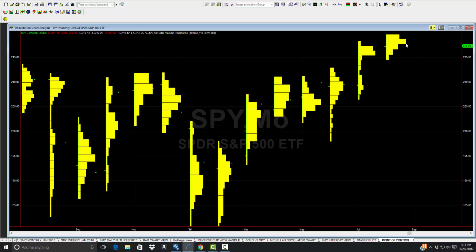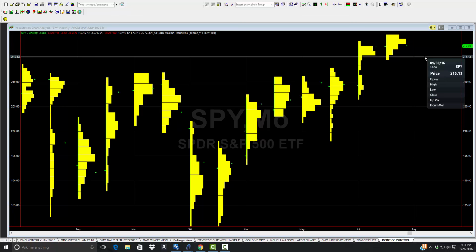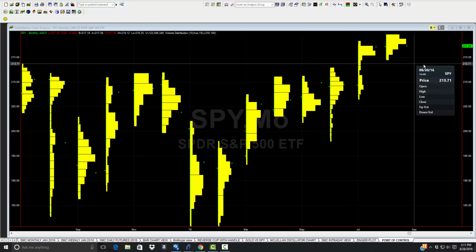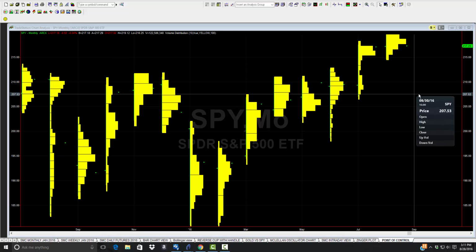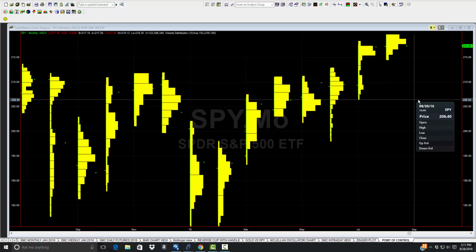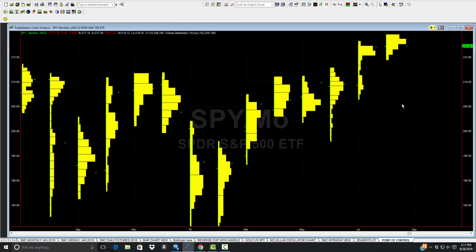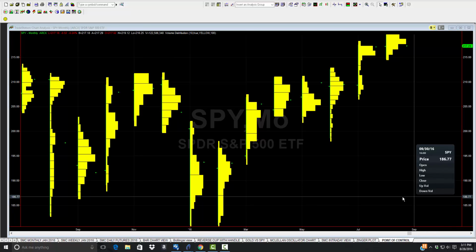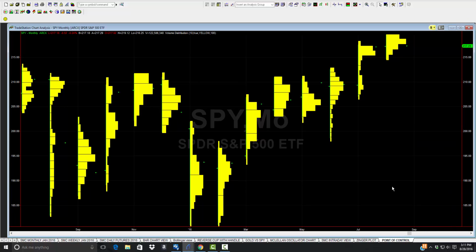So this is the area of point of control right now, 217, 218. 215 is the next level. If that gets taken out, we'll be down into this 207, realistically 205, 206 area rapidly. And that's what I would expect to see in the next month, and maybe we challenge this area down in here in the month of October.